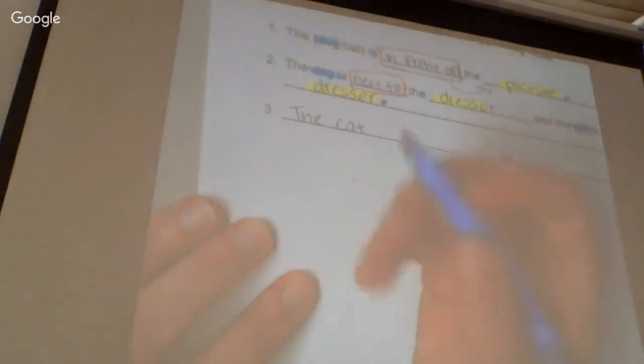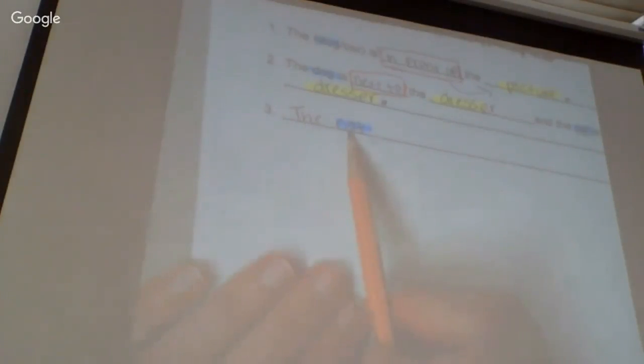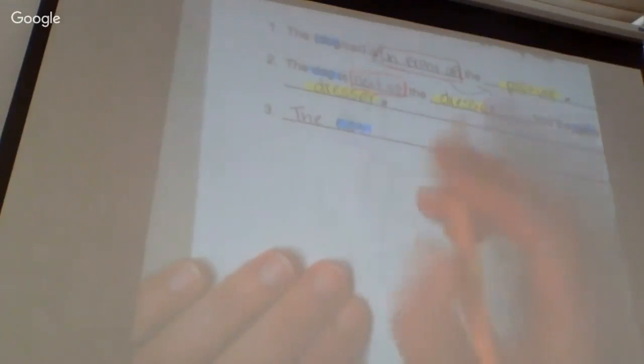I highlight the cat in blue because that is the noun I am describing. After the cat, and I'm going to use these other 2 sentences for help, I have the word is. The word is tells me I need to describe about the cat. So the cat is, I write is. After is, I need to say where the cat is. So I look back at C. And the cat is, using my prepositions, the cat is behind this thing.